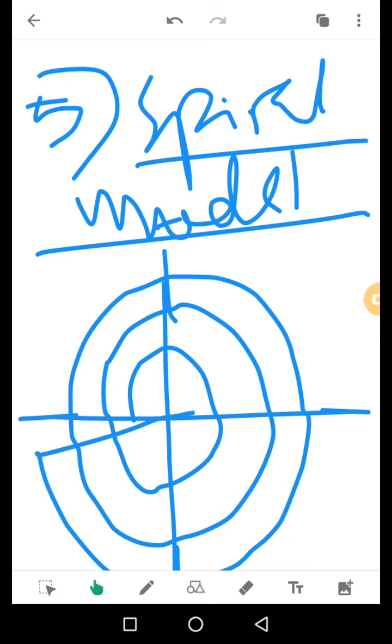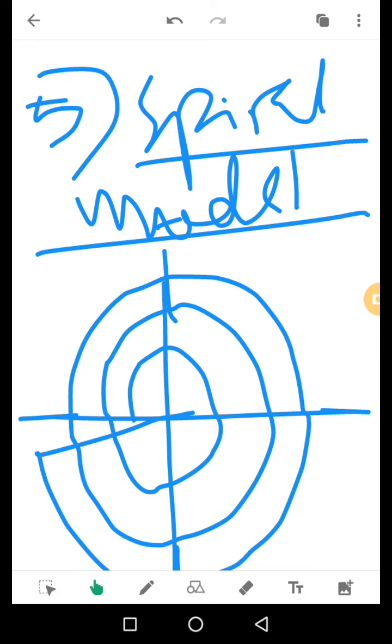So let me come again to the disadvantages of the spiral life model. It can be a costly model to use. Then risk analysis requires highly specific expertise. Then the success of the project is highly dependent on the risk analysis phase.